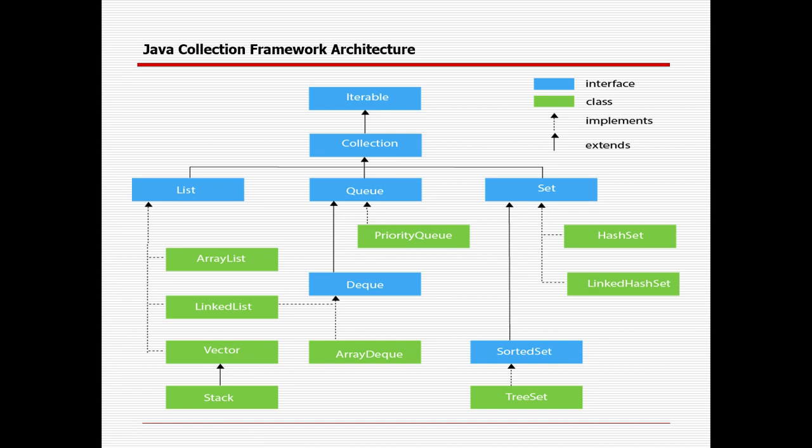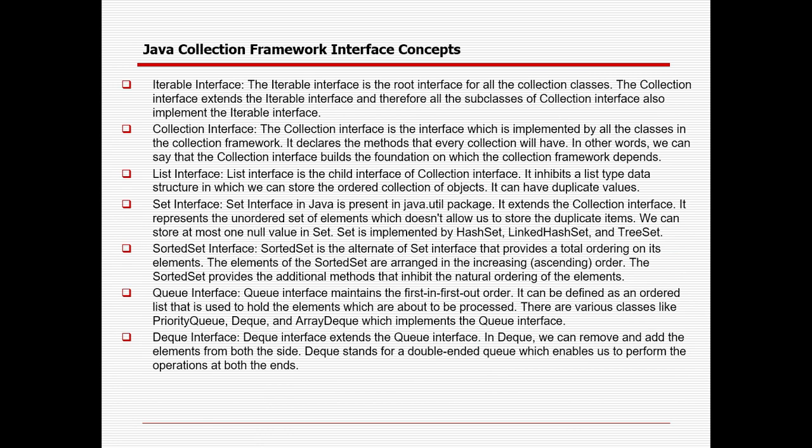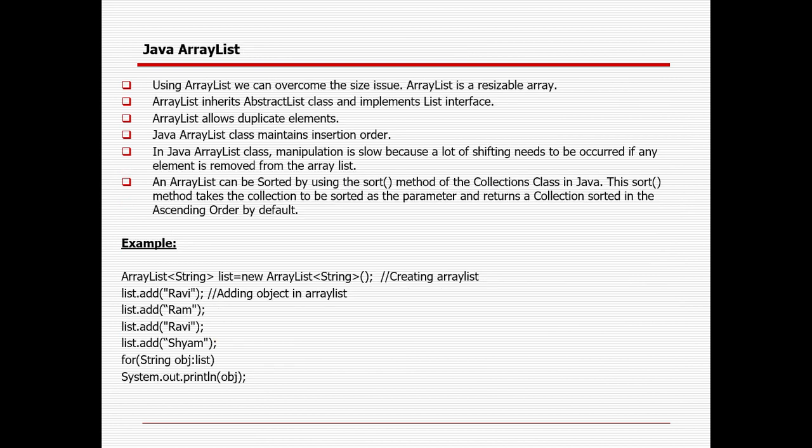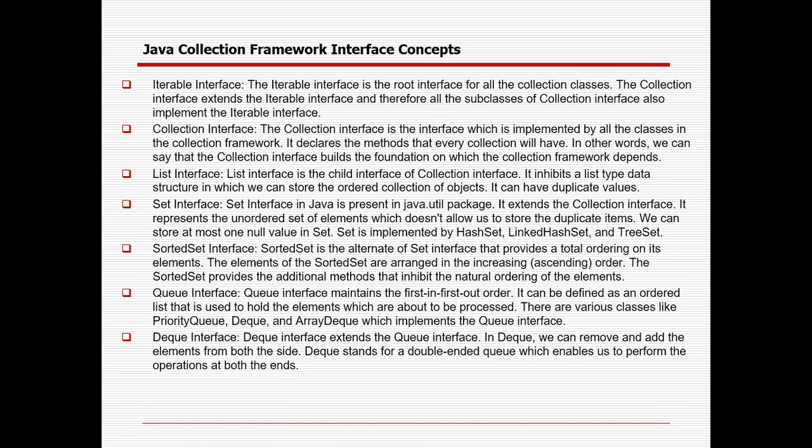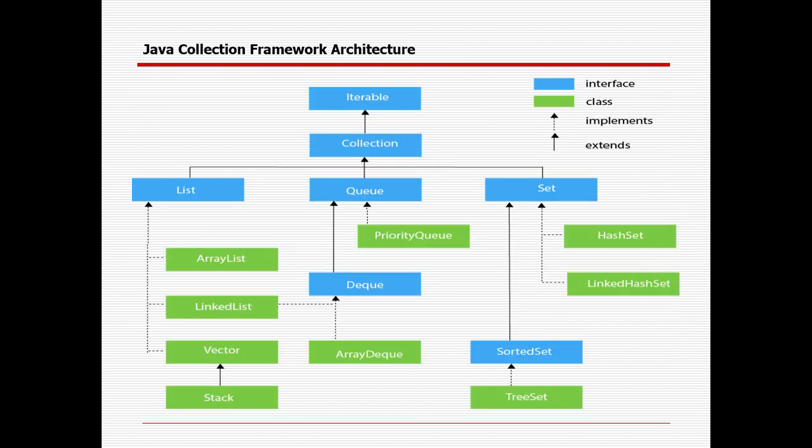Okay, so first one is the iterable interface, right? You can see here, then the collection, then the list, set, sorted set, queue, and deque. So the iterable interface is the root interface for all the collection classes. The collection interface extends the iterable interface, and therefore all the subclasses of the collection interface also implement the iterable interface.